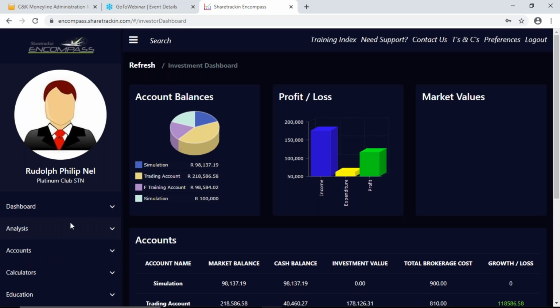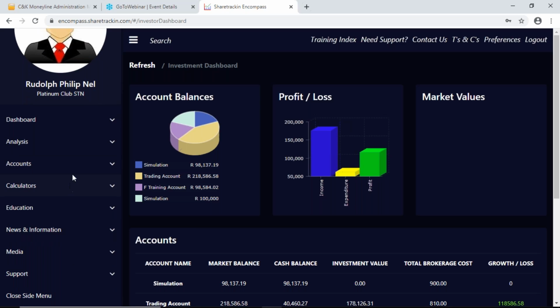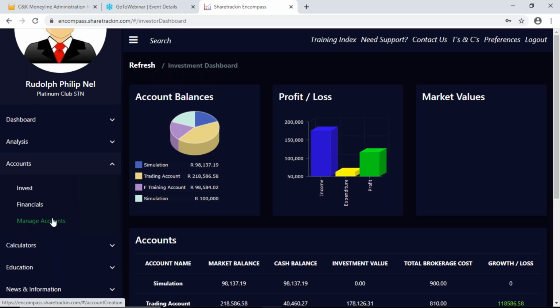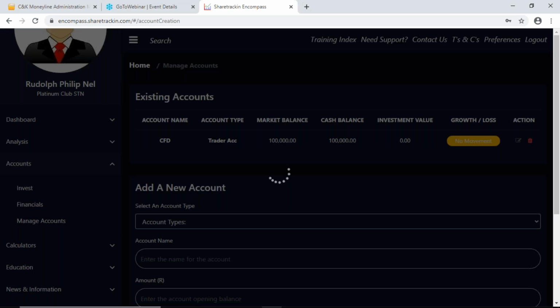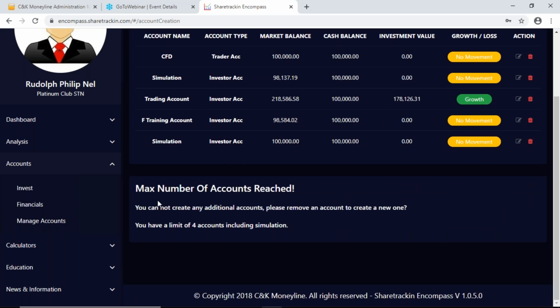Okay. So to open up an account, we would go to Accounts, Manage Accounts. You would note there's a trader account there. So this one also has a maximum reached.